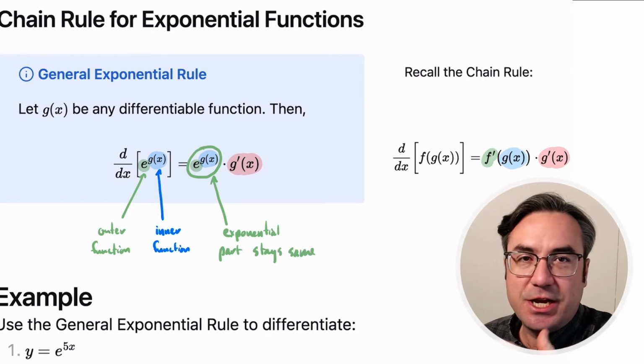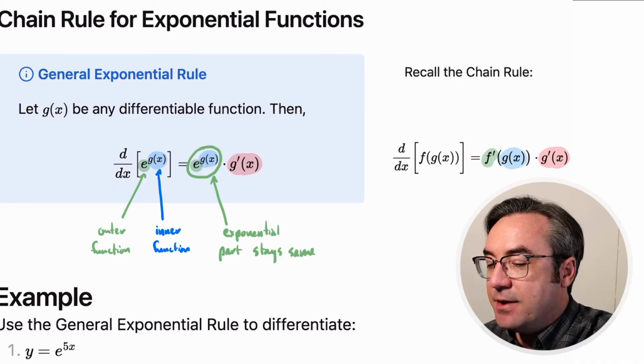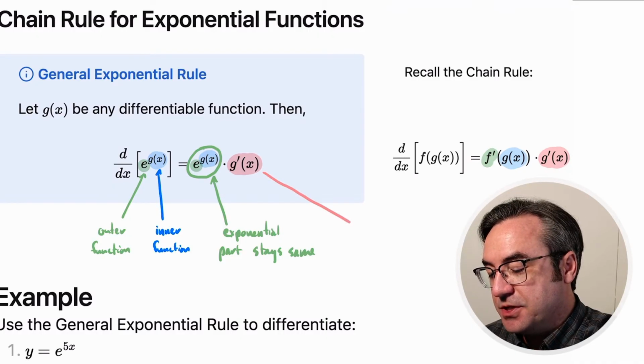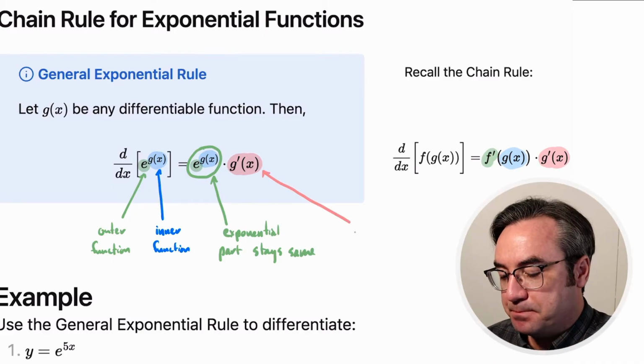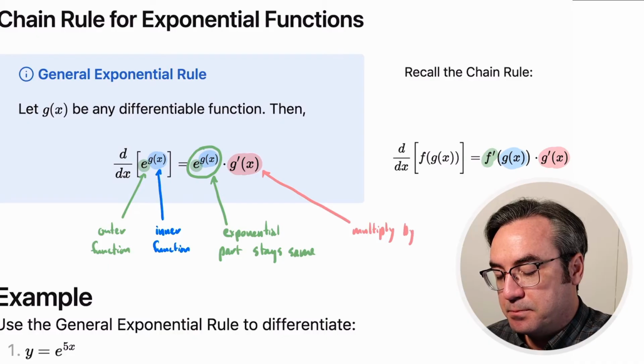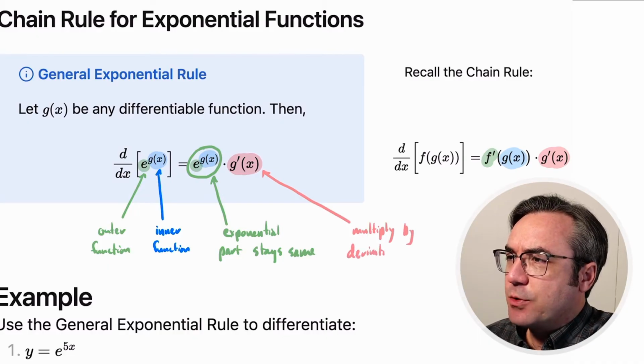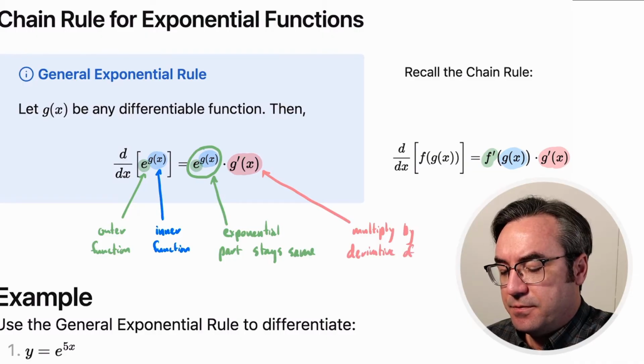You don't make any change to the e. And then we multiply by the derivative of the stuff that's up in the exponent. So we're just going to multiply by the derivative of all that stuff that's up there.